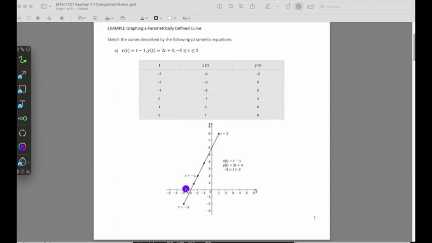Now, as I plot the points, the line is being drawn this way. So when I plot these points, I want to make sure I'm putting an arrow to indicate the direction that these points are being drawn as t increases. And that's called the orientation. So that tells us what happens as t increases.